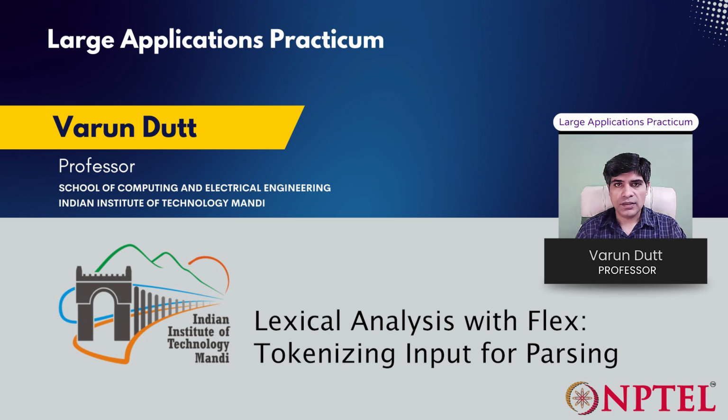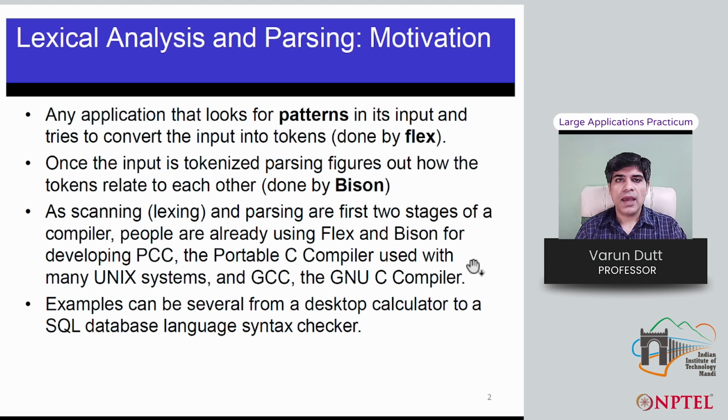So let's get started. Lexical analysis and parsing are two important steps in large applications, including in the creation of compilers. Any application we write looks for patterns in its input and tries to convert the input into tokens. Generally, this is done by a utility in Linux or Ubuntu operating systems called Flex.